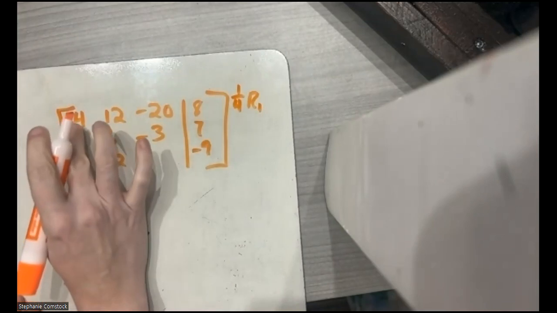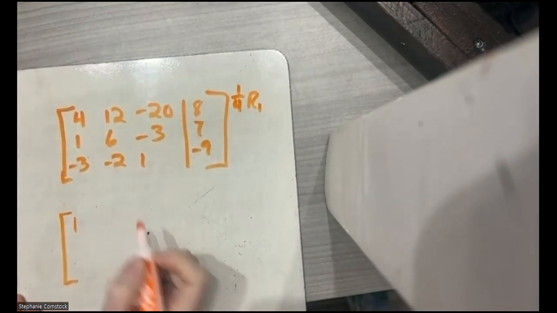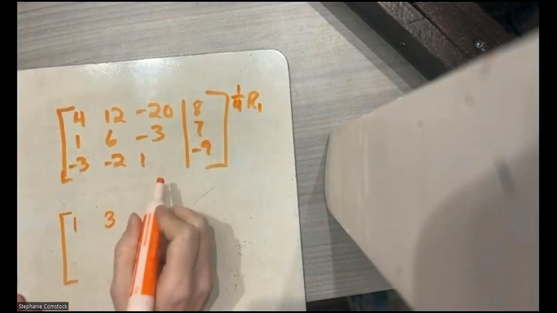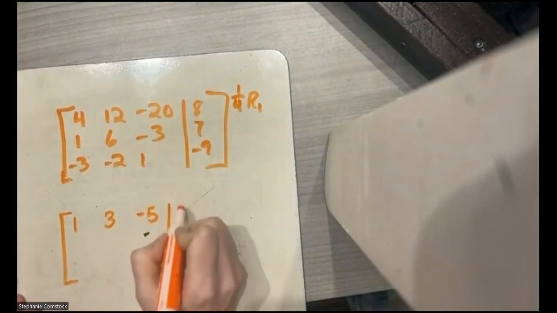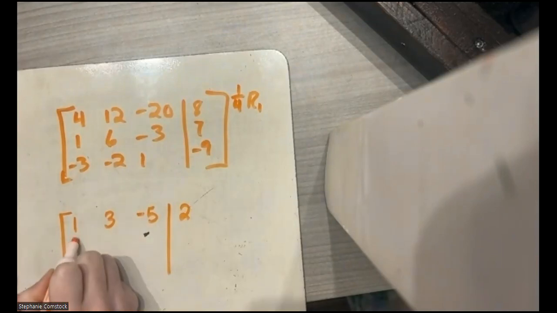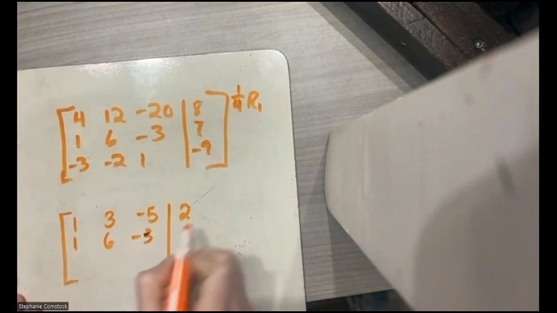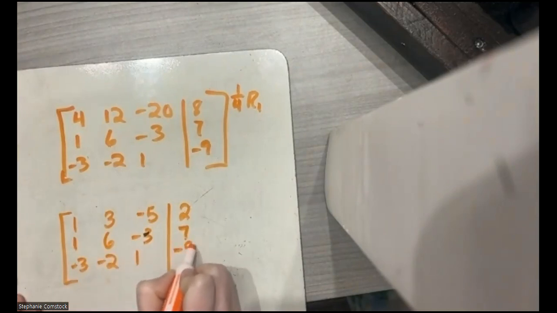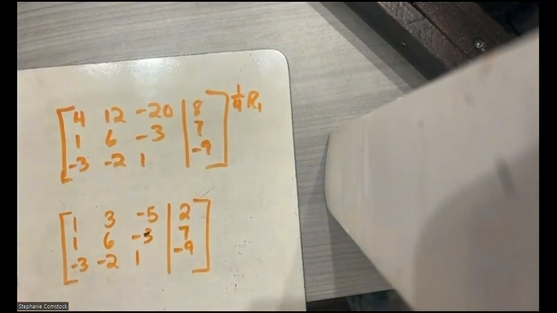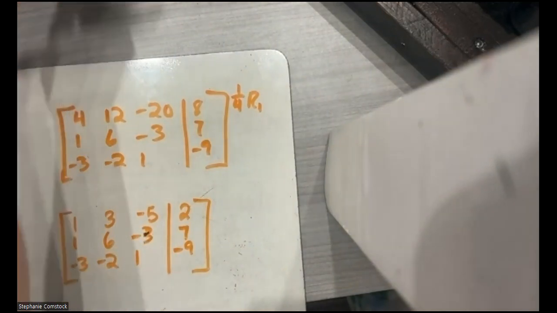So this would be 4 divided by 4, which is 1, 12 divided by 4, which is 3, -20 divided by 4, which is going to be -5, and then 8 divided by 4, which is 2. And then I would have 1, 6, -3, 7, -3, -2, 1, -9 for the rest of that. Okay, so that would be what that would look like.